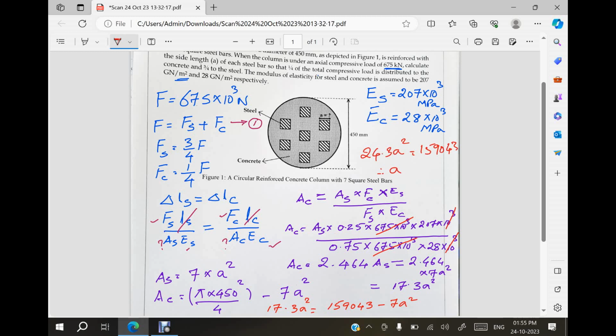Therefore, what will be the value of A? A will be under the square root of 159043 divided by 24.3. That gives me how much?